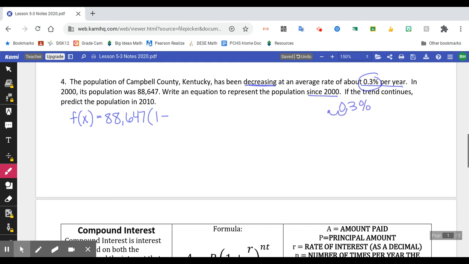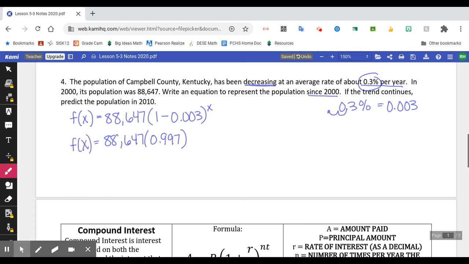It's a pretty small percent, which means it should be an even smaller decimal. So 0.003. Okay, so 0.003 to the x. Okay, so if I subtract here, we're going to have 88,647. 1 minus 0.003 is 0.997. Okay, so I have that part.